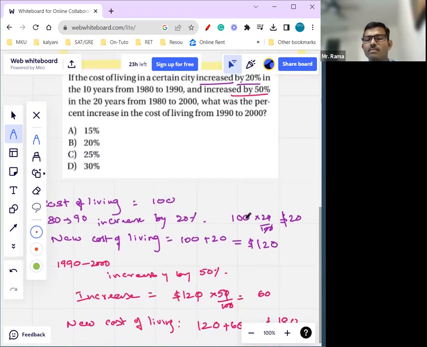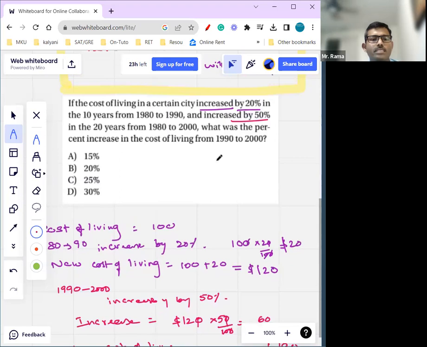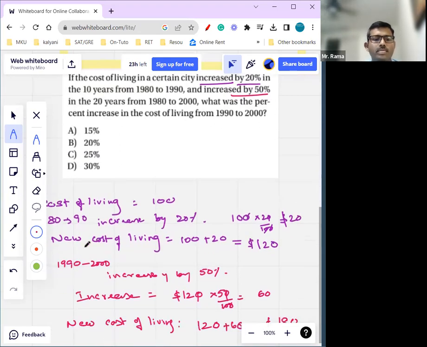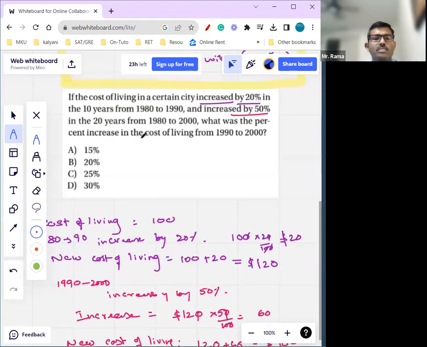Let's see. These are the reasons these questions are really important, that we need to interact with them well. I think I made a mistake in this problem. I was looking at 1990 to 2000, but the question says from 1980 to 2000.